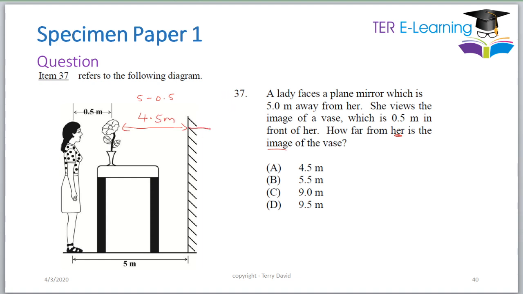Which means that the image of the vase is actually 4.5 meters behind, right? So this is where the image is going to be. And the question wants to know how far from her is the image of the vase.